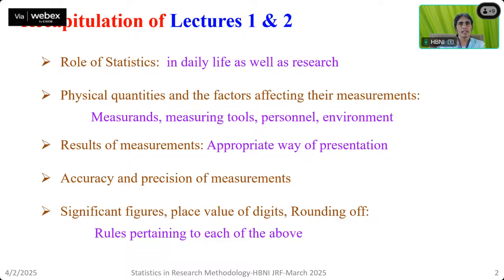And in the second lecture, we had discussed significant figures, place value of digits, rounding of rules, and a few of the exercises we had done during the discussion. And in the last slide, we had given a few of the exercises for you to have practice on them.